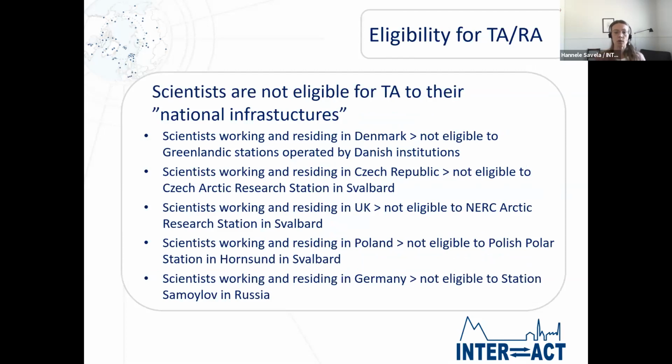So some words more about this eligibility of the applicant for transnational and remote access. As I mentioned, scientists are not eligible for transnational access to their own national infrastructures. And on this list of bullet points, you can see some practical examples of what this eligibility rule means in practice.